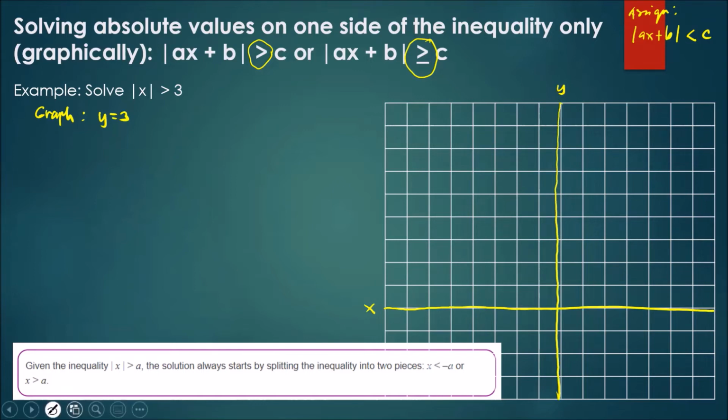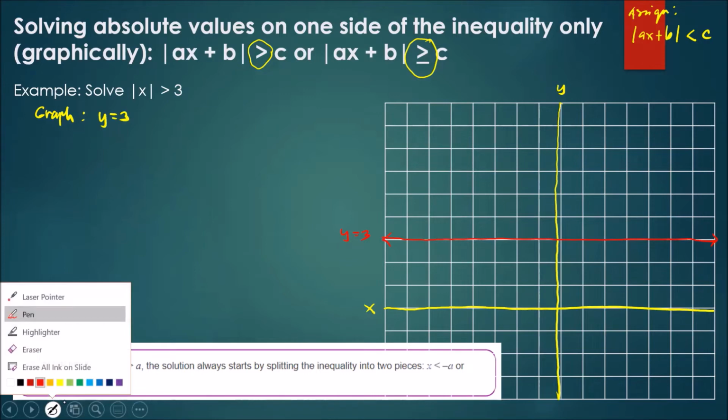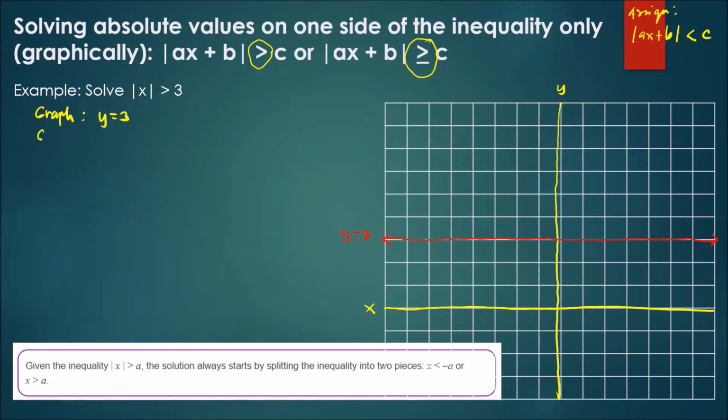So y is equal to 3 is 1, 2, 3. Okay. So this is our y is equal to 3. So after graphing that, we now graph y is equal to the modulus of x.